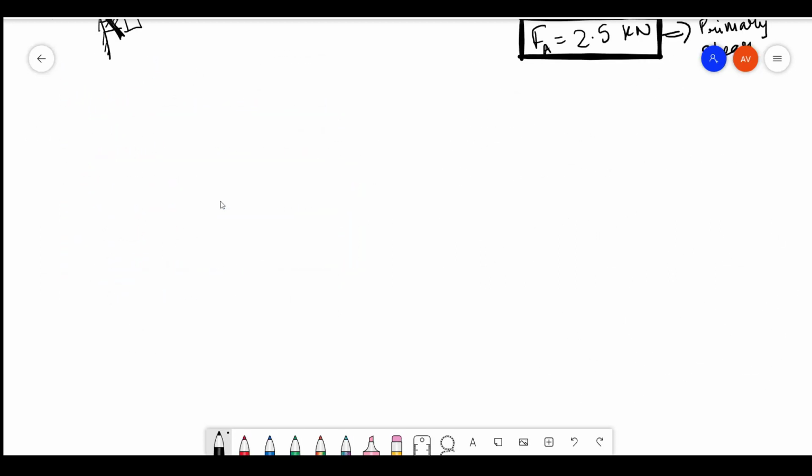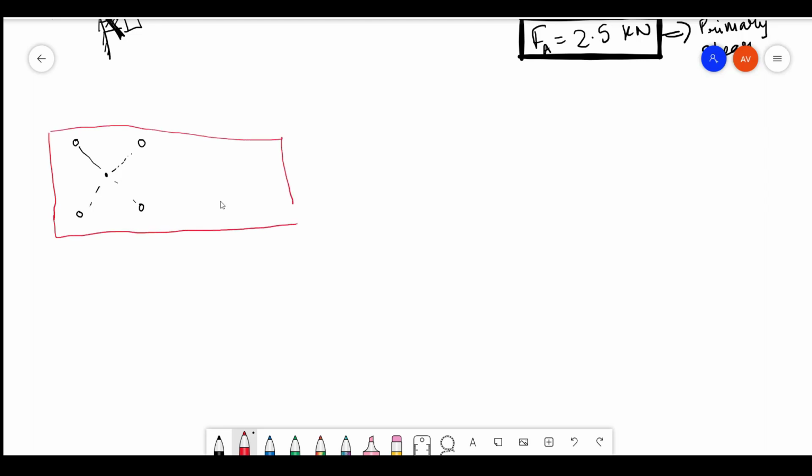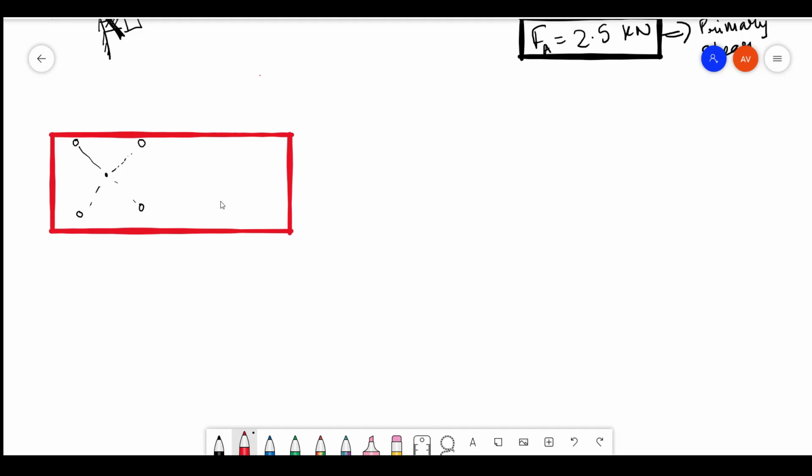Yeah, so let's take again 4 points. This is the center point, right? Now in this structure, let me simplify it. You're having a load like this.